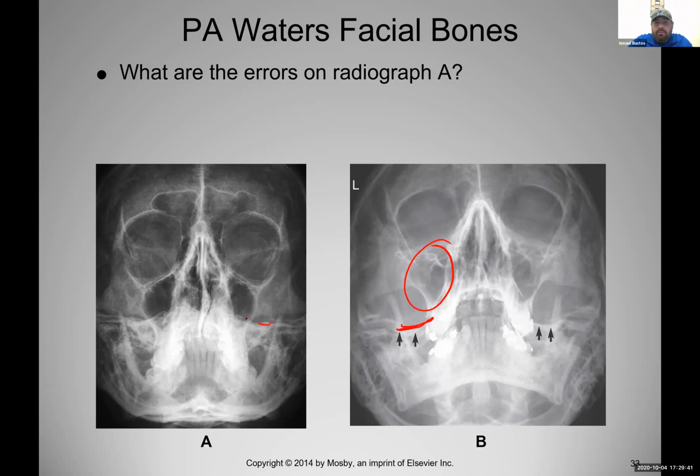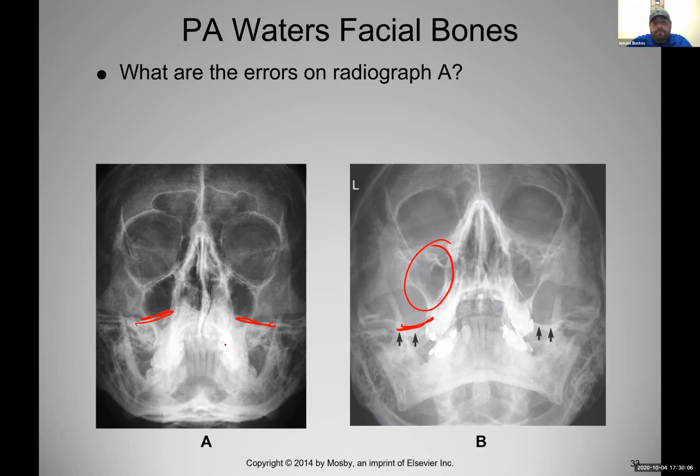And where are these? Right in the maxillary sinuses. So what does that tell you when you have those ridges in the maxillary sinuses? That means that they were not extended enough, or it was excessive flexion, right? So insufficient extension, or it was excessive flexion, okay? So again, if you see those ridges in the maxillary sinuses, that means their head was too low, okay?